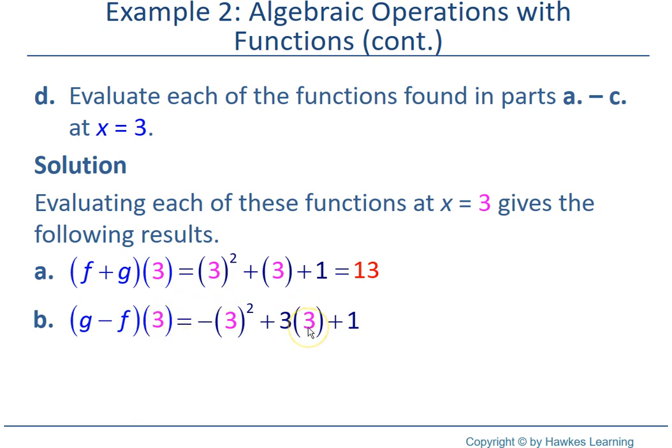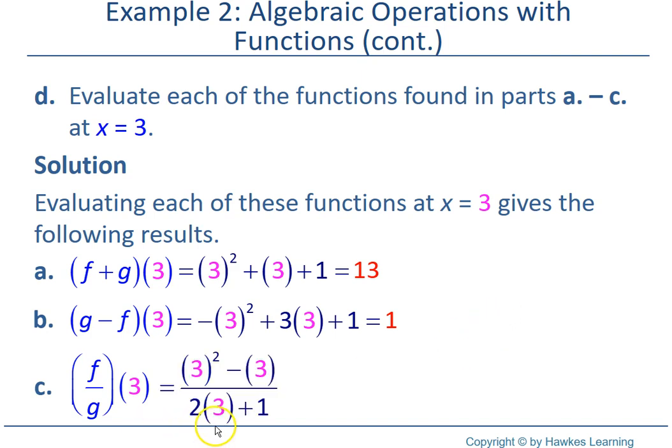It's the answer we got for b, which was a negative x squared plus 3x plus 1. Here the answer is 1. And when we did this division, putting a 3 in there, we end up with the fraction 6/7. Again, they're testing your arithmetic skills a little bit too, but you want to know the operations that are going on in the background to give you these results.